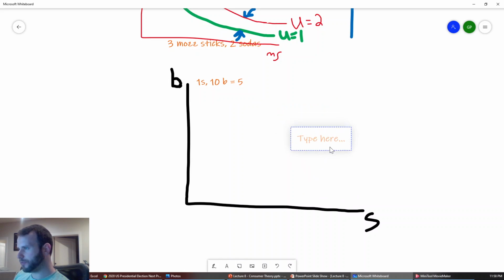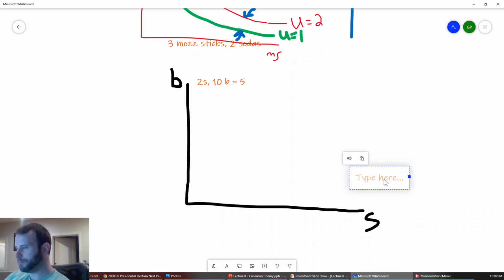And let's say I have 12 samosas, and I just wanted an even number, 12 samosas, 4 beers over here, and the utility of that was 5.